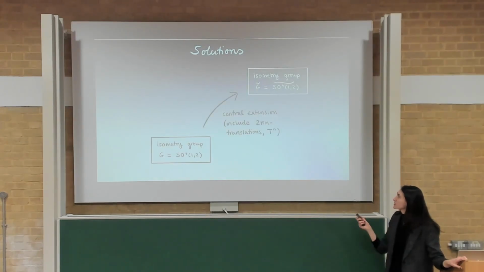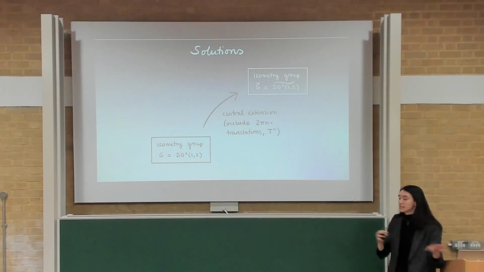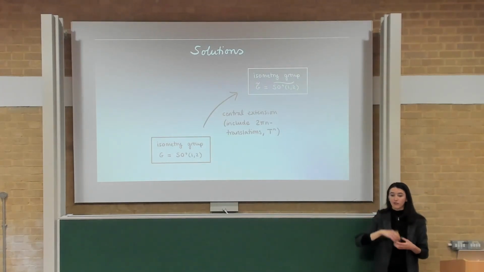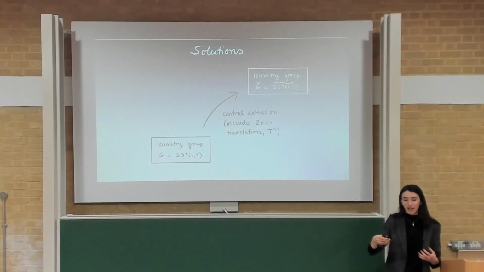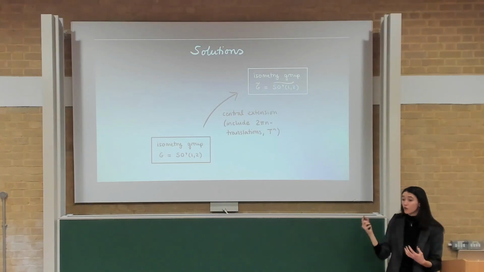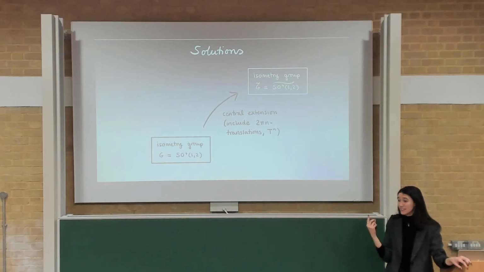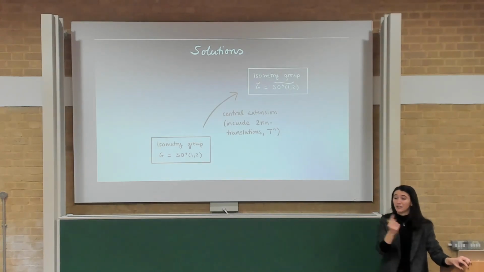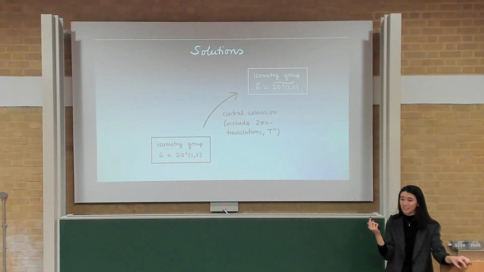And this group results from simply a central extension of G, where we're including 2 pi translations or 2 pi n translations for any integer n in the group. Those 2 pi translations along the sigma direction were the identity element in this group, since they simply rotated you around the hyperboloid in 360 degrees.